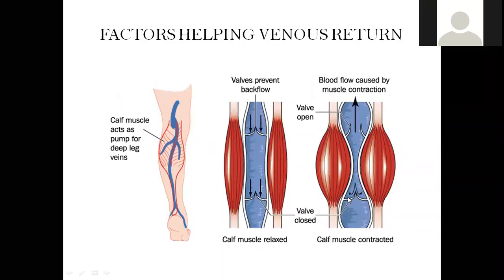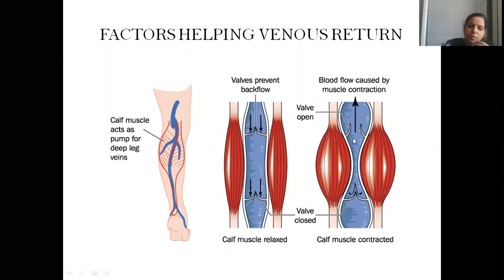Now see here, this is muscle, isn't it? The same picture was there. When the muscle is relaxed, you will see the valves which are down are closed. Now when the muscle is contracted, the lower valves are closed but the upper valves are open, so that the blood is now pushed upwards.